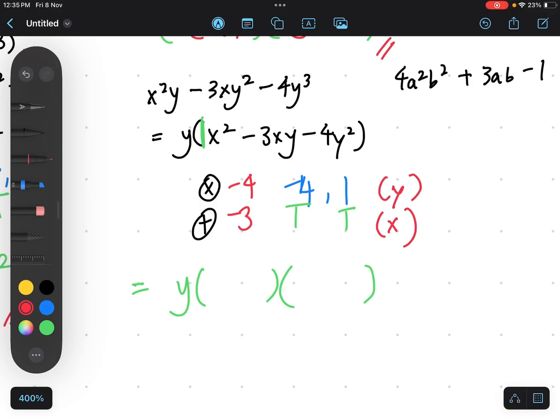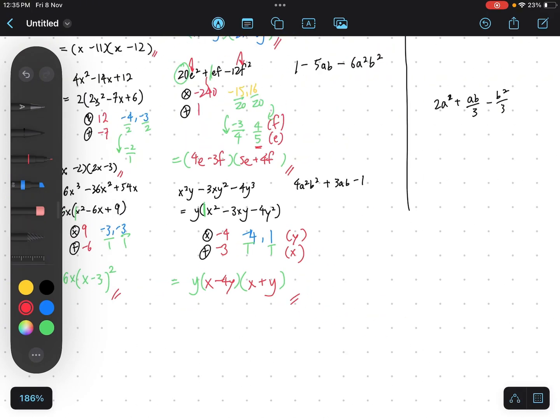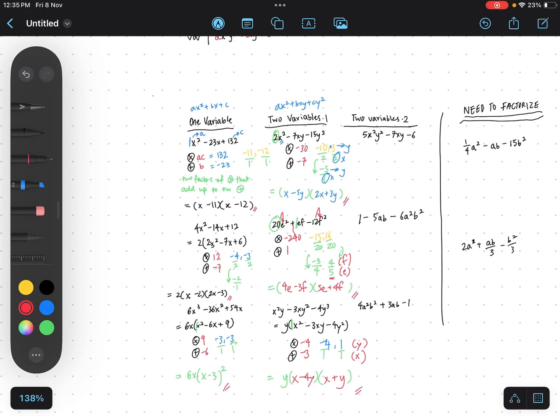So we get 1x, so just x, minus 4y, plus 1x, okay? We'll write that neatly, and then 1y, so plus 1y, or plus y, yeah. So that's those two.